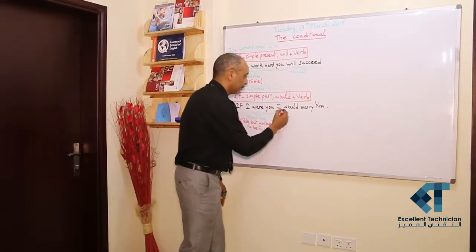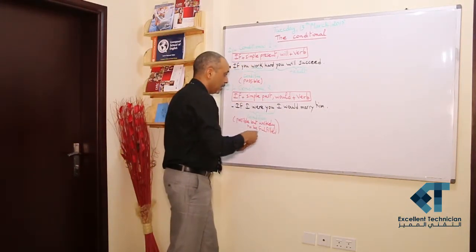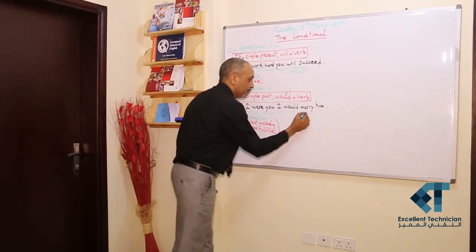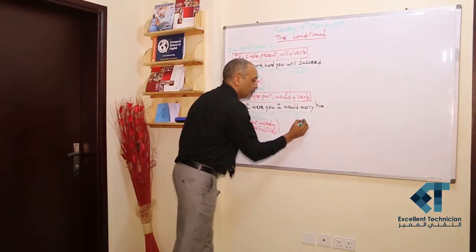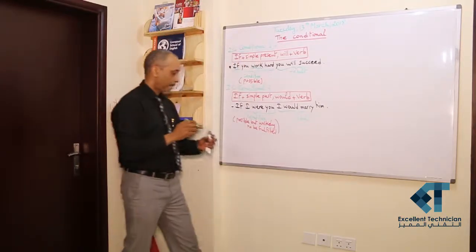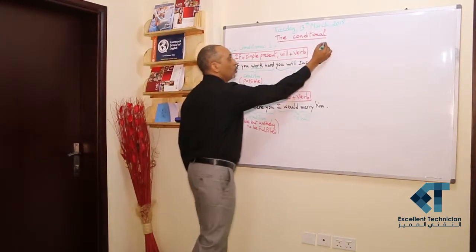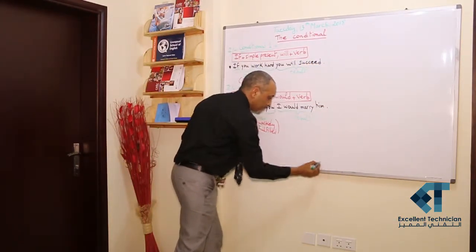The second part, I would marry him, is the result. This is type 2 or conditional 2.